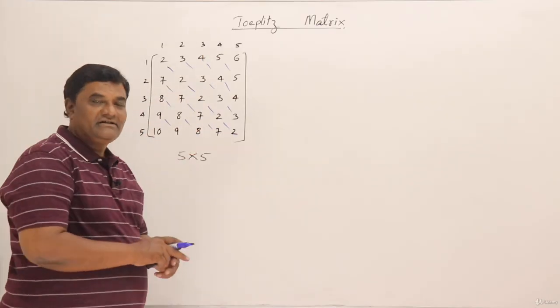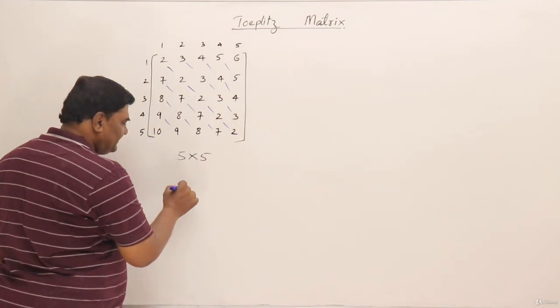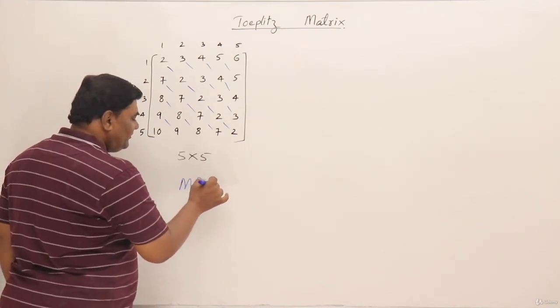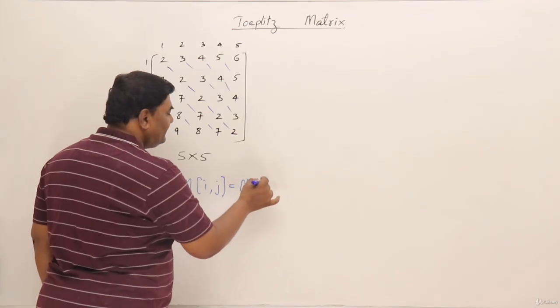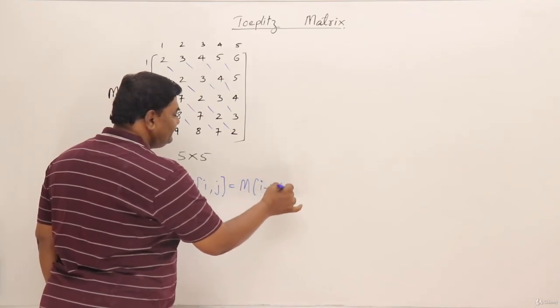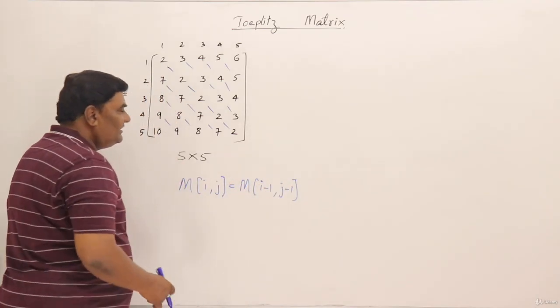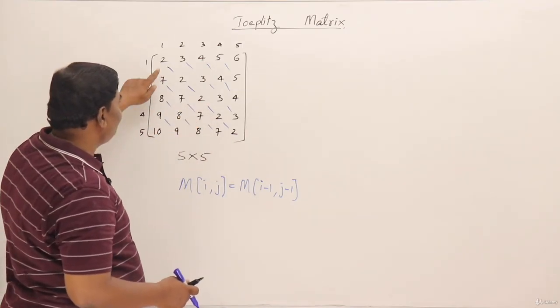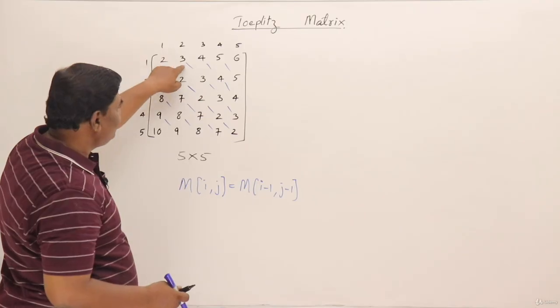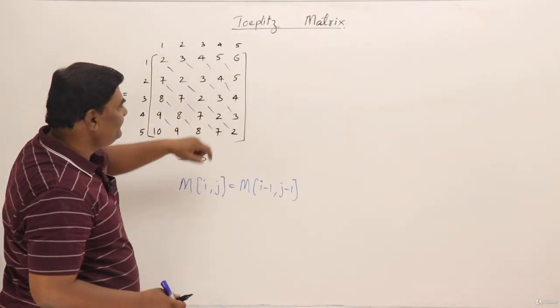So it means that if a matrix is having elements such that M of i j is same as M of i minus 1 and j minus 1, then this element is same as this one, this is same as this one. So which is the original element? This is the original element, we can say. This is the original element for this one, this is the original element.